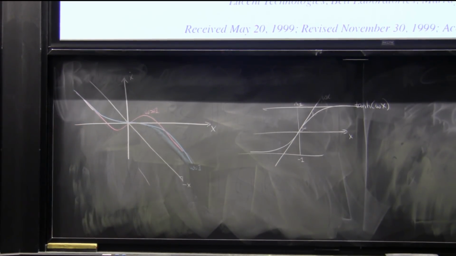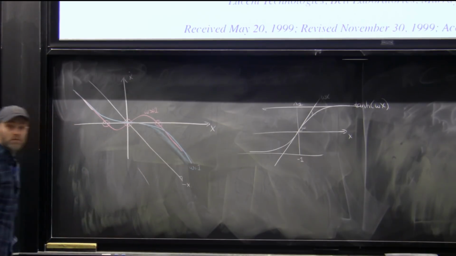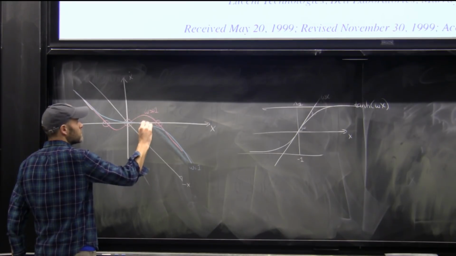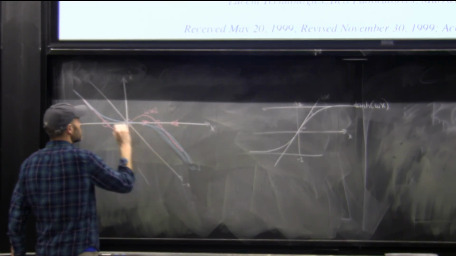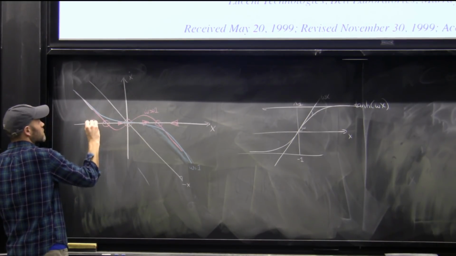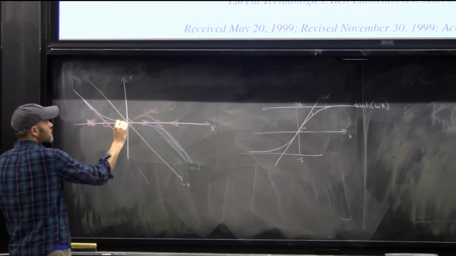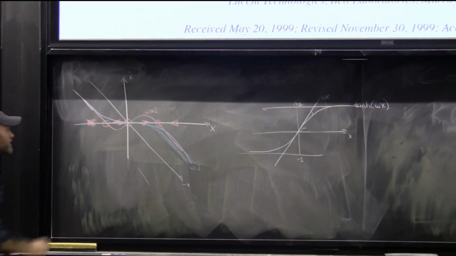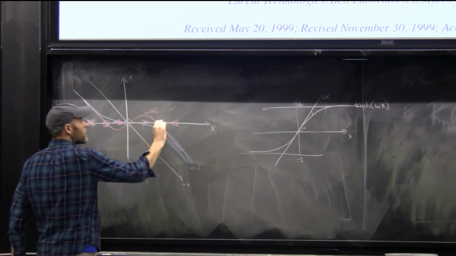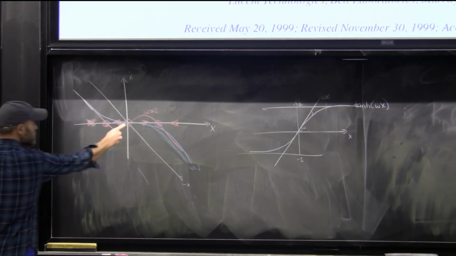Where are the fixed points? There are 3 fixed points. Which ones are stable? So these two are stable, and this is an unstable fixed point.